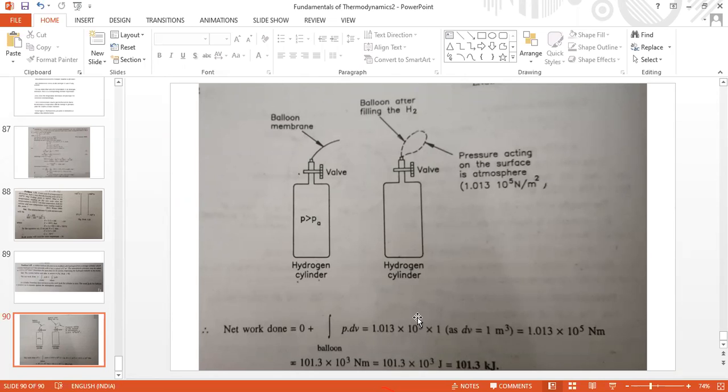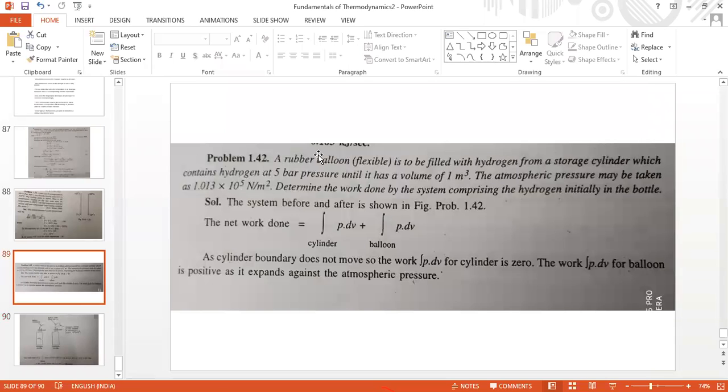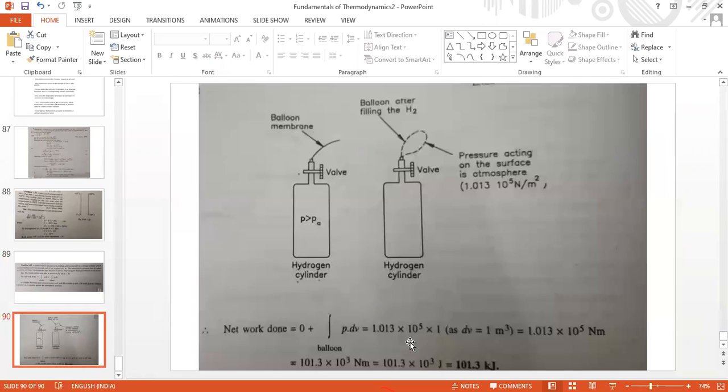Here, the atmospheric pressure is given directly in Newton per meter square, so that is applied here. Newton per meter square multiplied by 1 minus 0, and that 1 minus 0 is in meter cube. So Newton per meter square multiplied by meter cube becomes Newton meter.